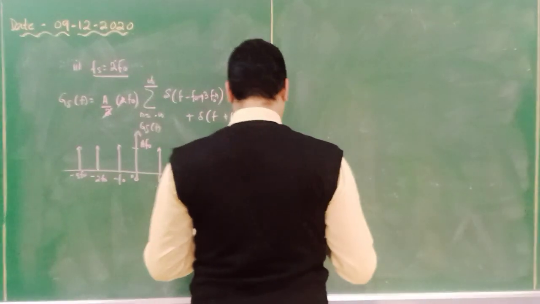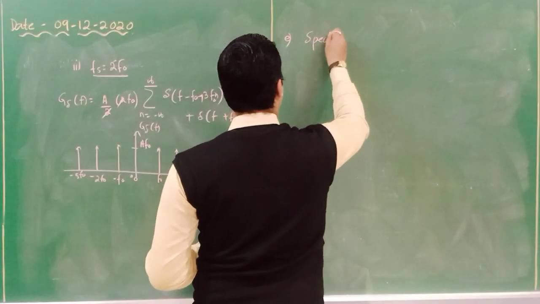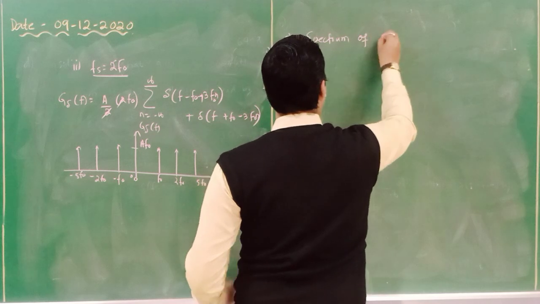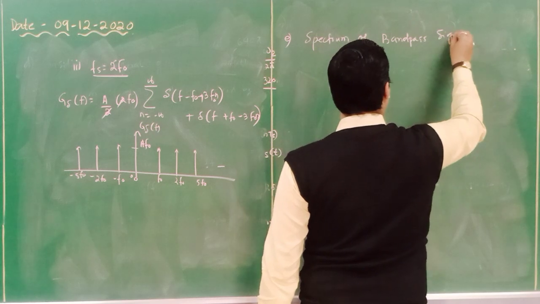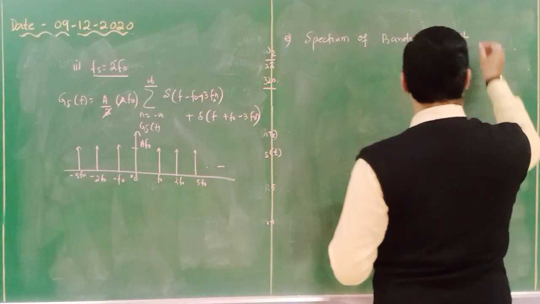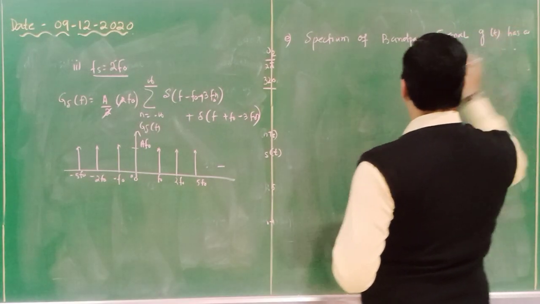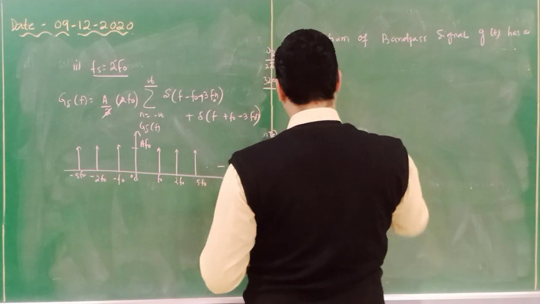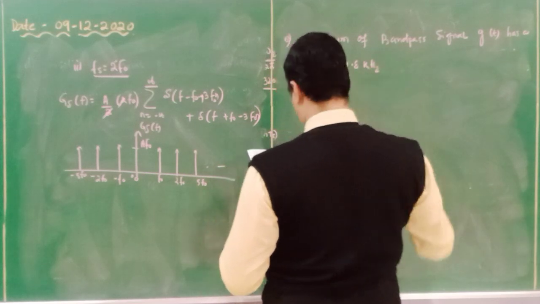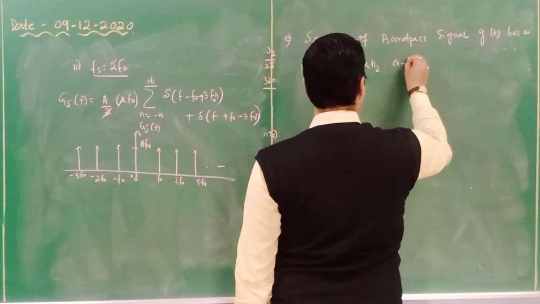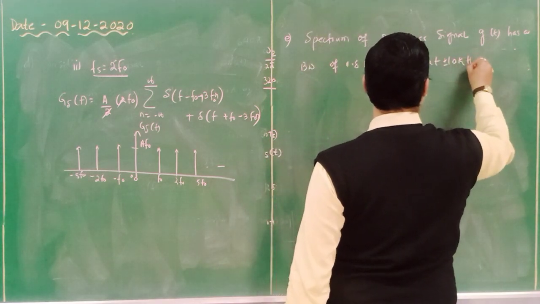So the question is, the spectrum of band pass signal G of t has a bandwidth of 0.8 kilohertz, centered at plus minus 10 kilohertz.